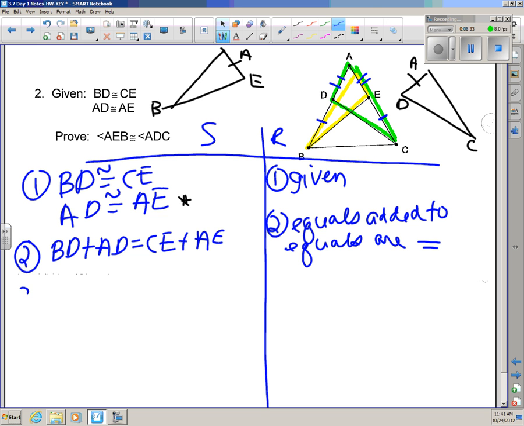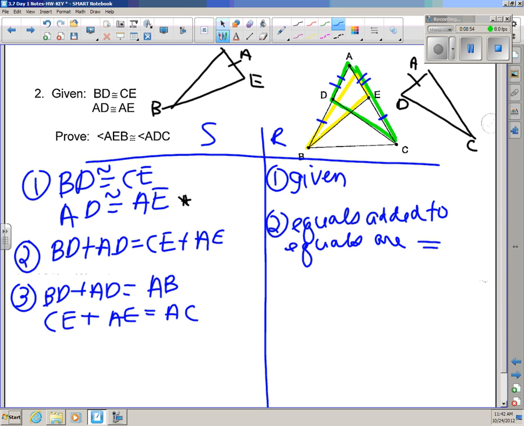I'm going to take the left-hand side and say, well, BD plus AD, when added, gives me all of AB. And the right-hand side, when I take CE plus AE, that gives me my entire right-hand side, which is AC. This is segment addition.